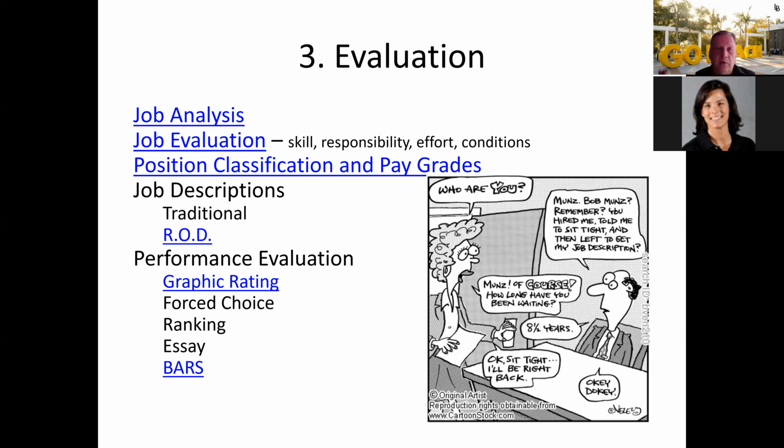So let's say you're writing correspondence, and that's 20% of your job. In a results-oriented description, we'll not only say you write correspondence and it's 20% of the job, but we'll put in expectations for your performance. So all written correspondence will be absent any errors and will be completed in a timely manner.